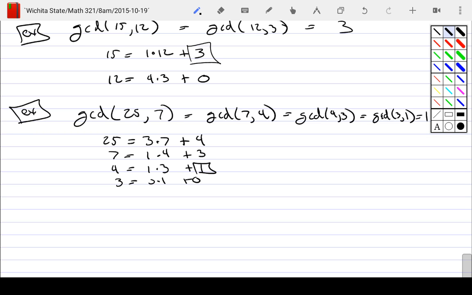It's just simply 1. So I'd call them relatively prime. Is 25 a prime? No. But what are its prime factors? 5 and 5. What are the prime factors of 7? 7, right? Do they share any common primes? No, they're relatively prime.